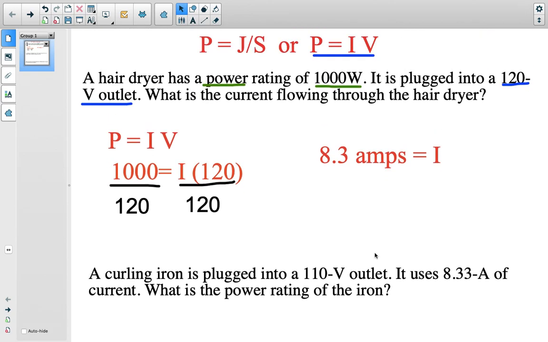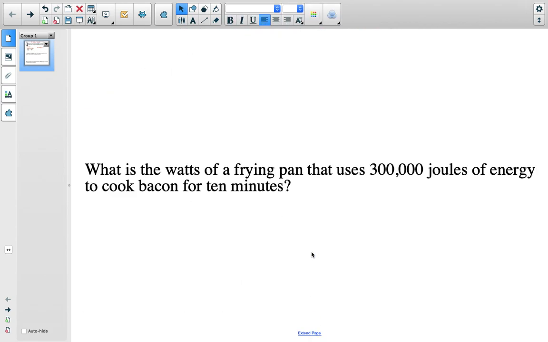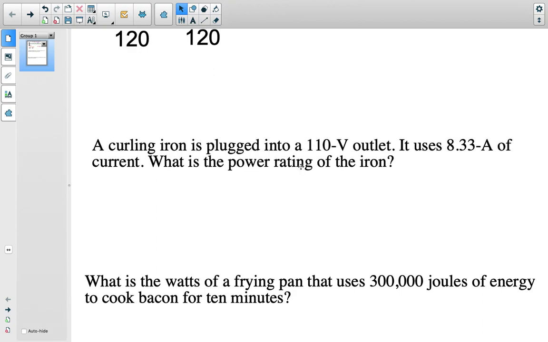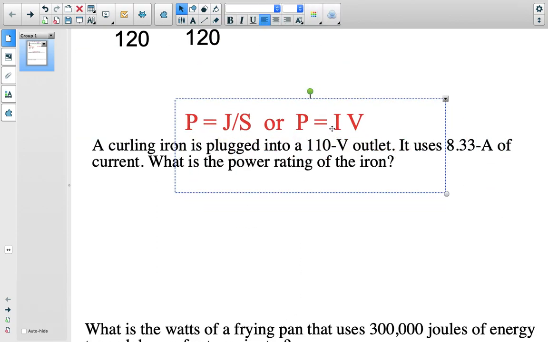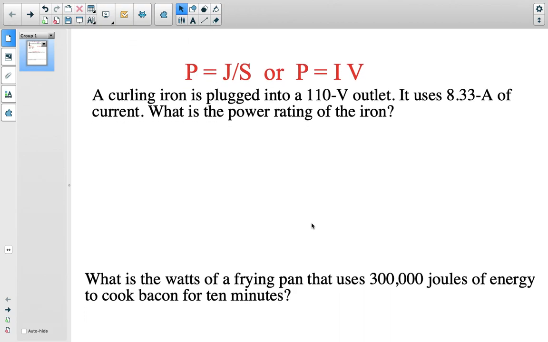So our next question, and I'll copy this guy. Our next question says, a curling iron is plugged into a 110 volt outlet. So we have a 110 volt outlet, and it uses this much current.